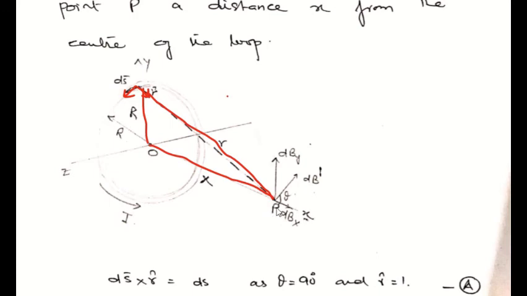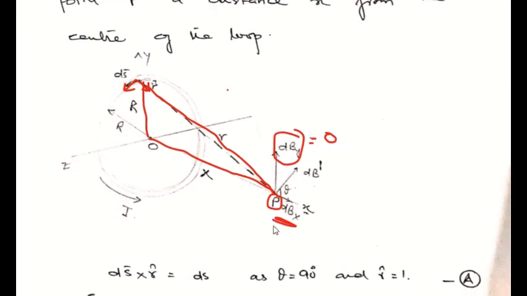Now what I have to do is to find the magnetic field at this point P. At this point we have two components of magnetic field, that is along y axis and along x axis. The magnetic field along y axis will cancel the effect of each other, and overall field along this direction will be 0. So the main contributing factor for magnetic field will be along x axis.